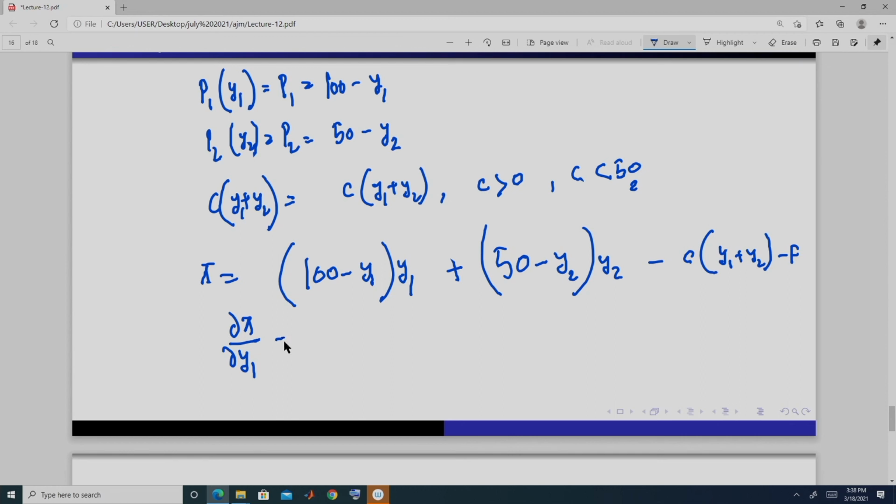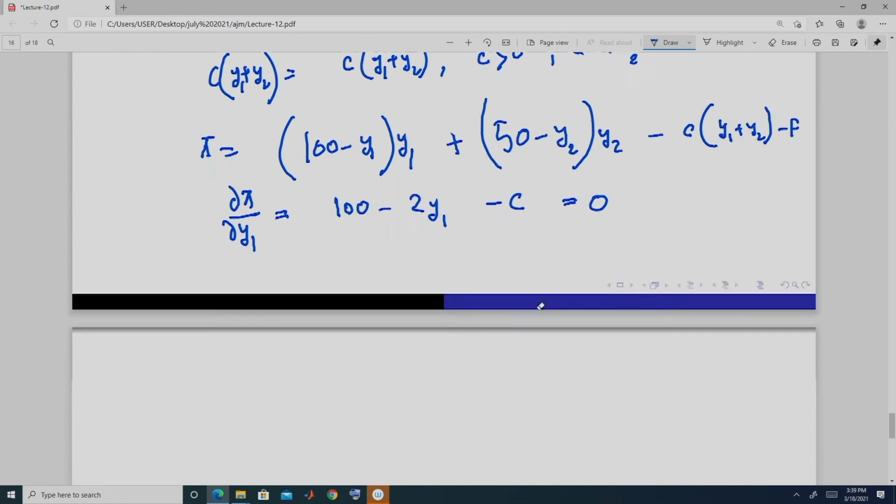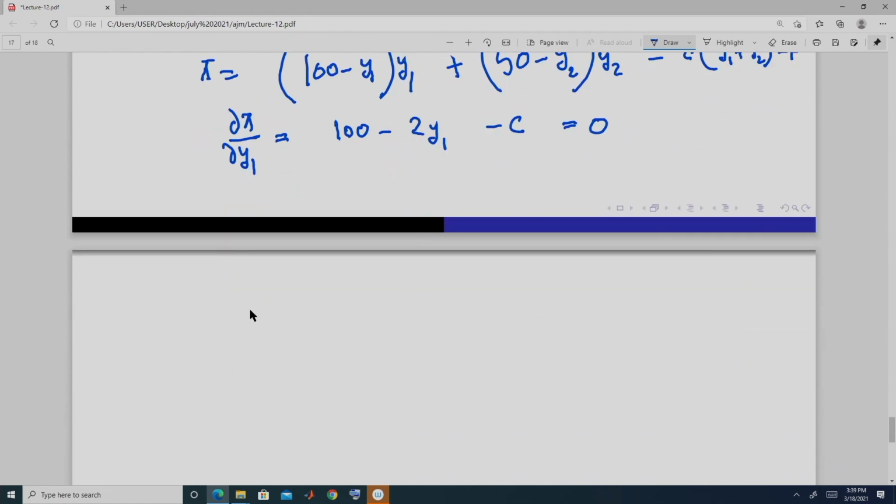Y1. So, this is the first order condition, it should be equal to 0.